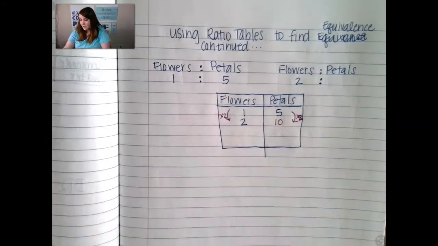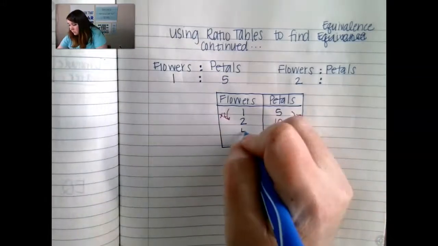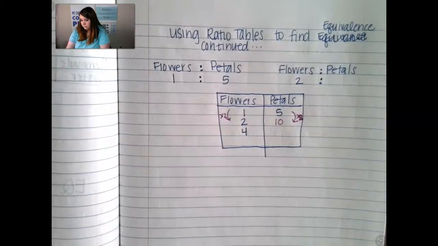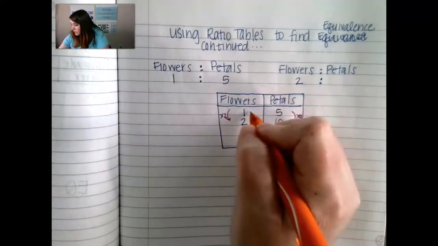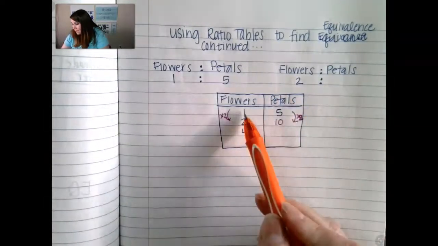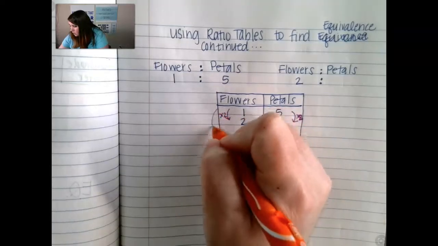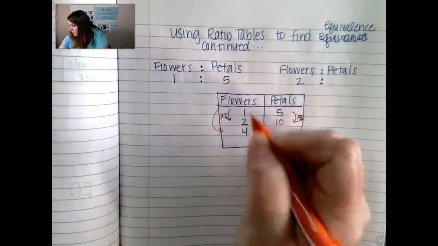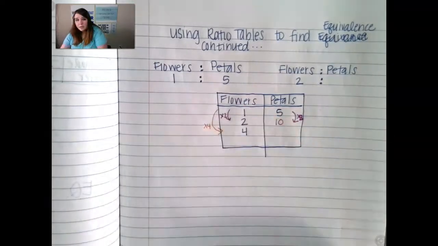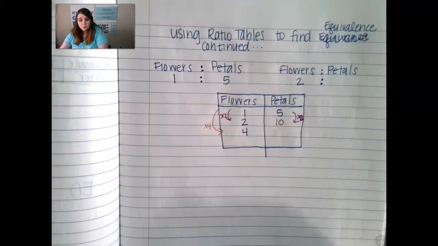Let's say that they give me 4 flowers. Again, I can come up here to the 1, and I can say, well, how do I get from 1 to 4? Well, 1 times 4 gives me the 4.